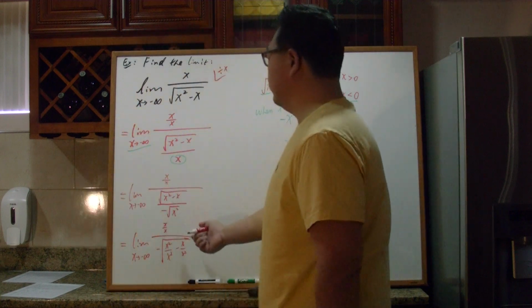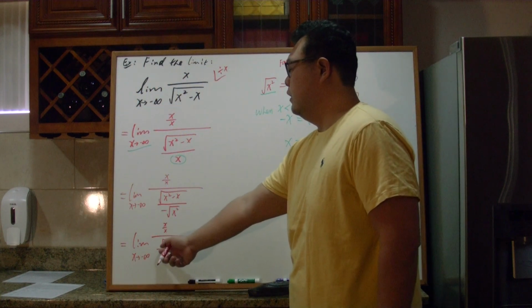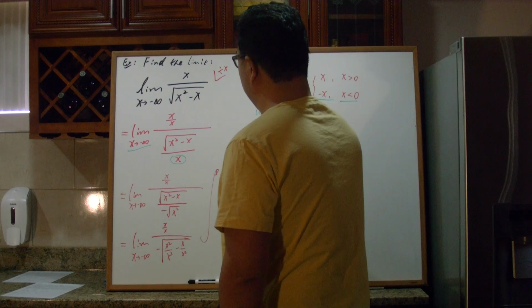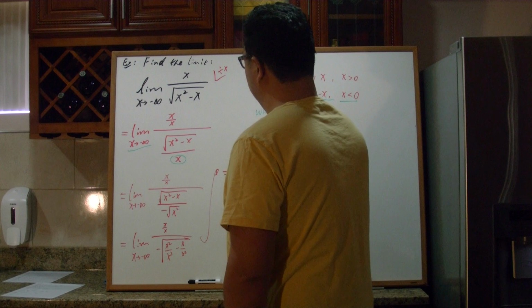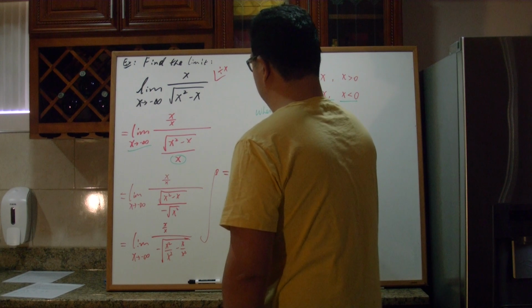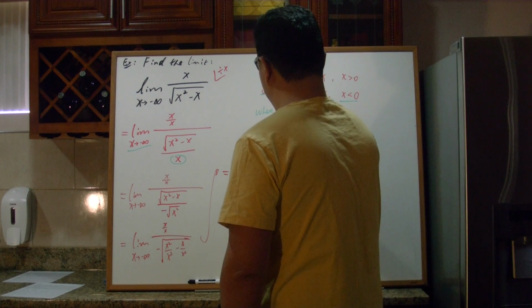Since they both are square roots, they can be combined into one, and they still have the negative sign outside. After dividing, we get 1 over negative the square root of 1 minus 1 over x.